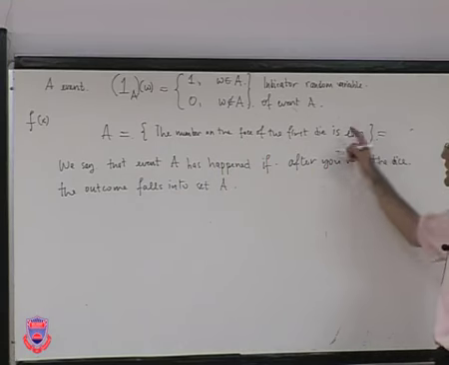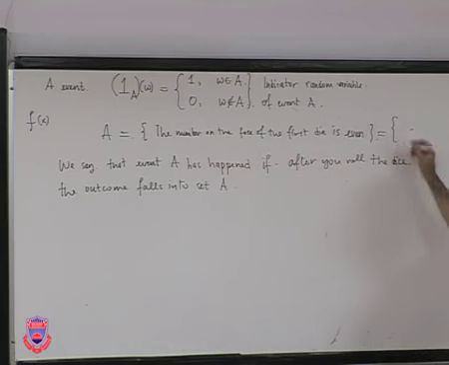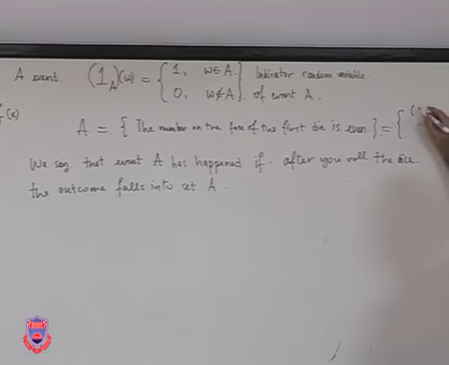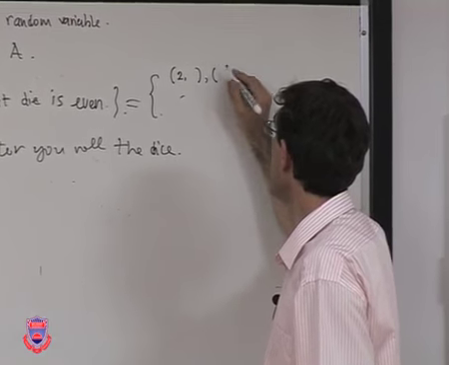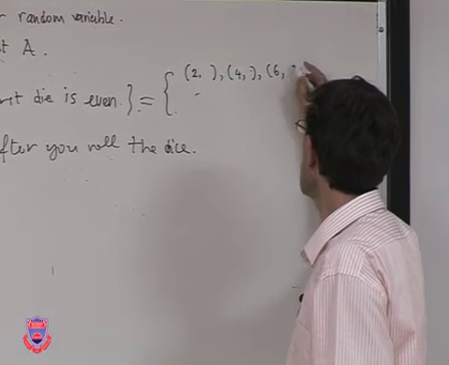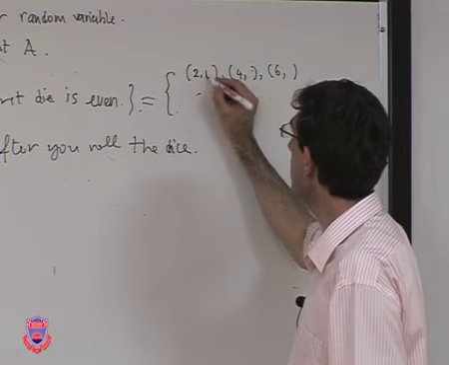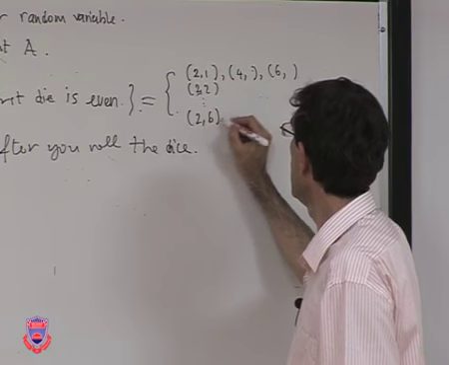What exactly is this? This is just a qualitative statement. You can just put all the possible pairs which are consistent with this definition. What are they? It could be 2 something, 4 something, or 6 something. There are too many of them, but we can just write it like this.